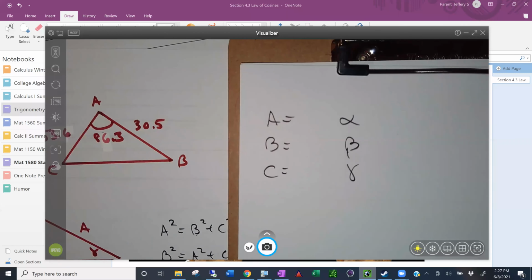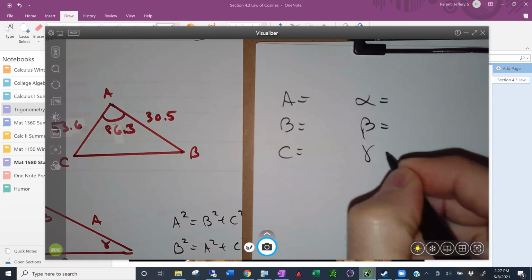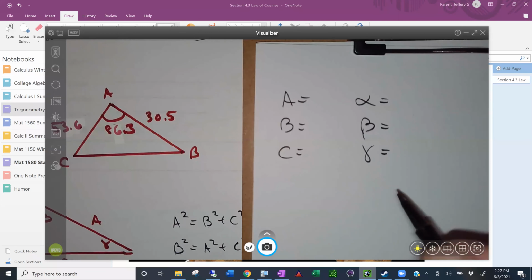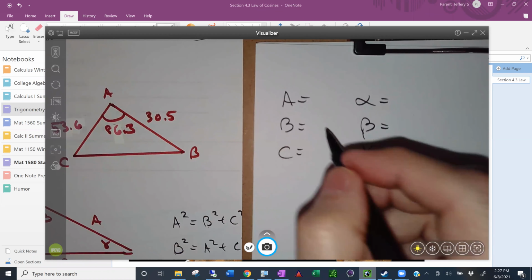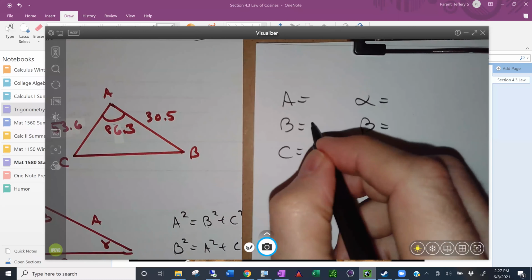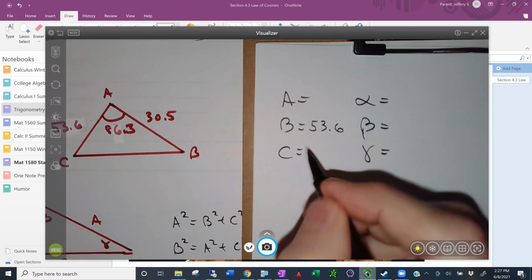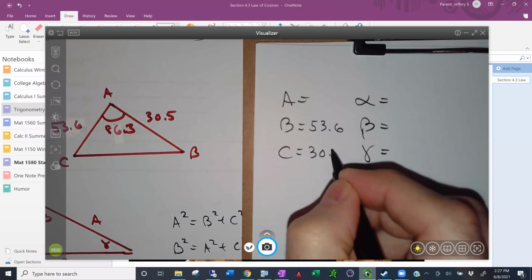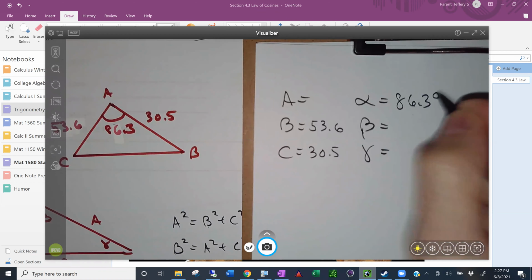Beta's got a little bit of a tail there, but mostly it does look like the B that we're used to. We'll call that 53.6, and then we'll call this one 30.5, and then this is 86.3 degrees.